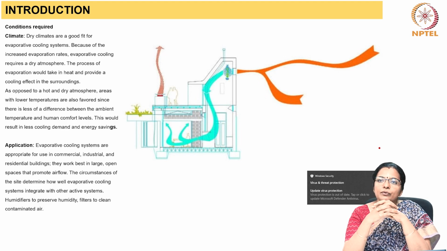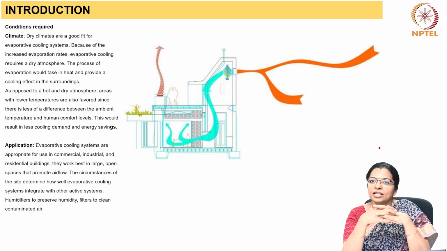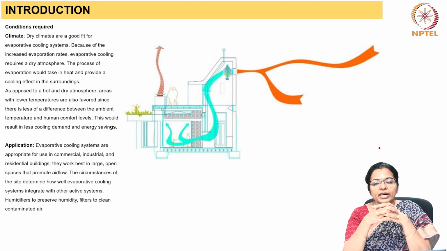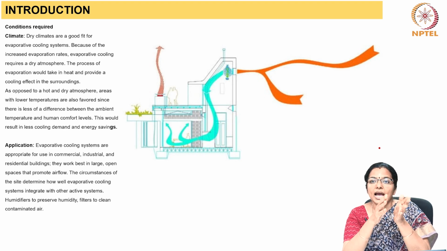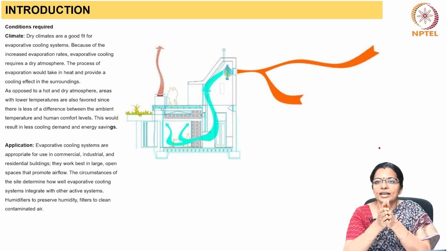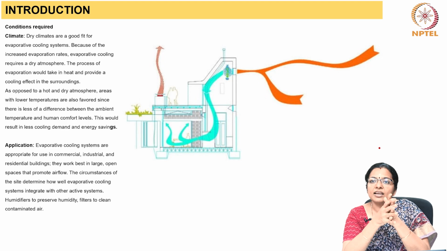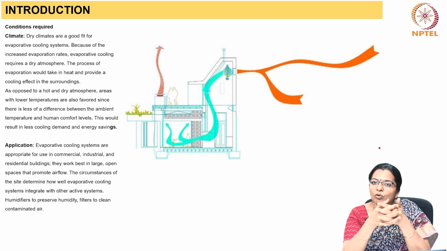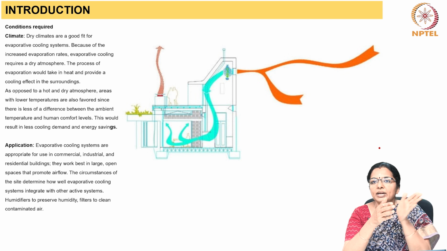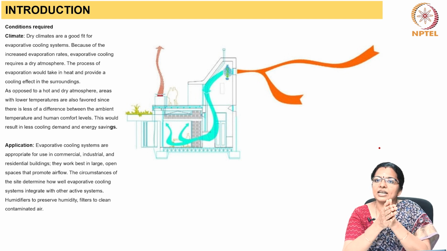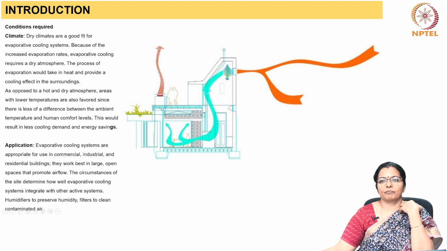The process of evaporation takes in heat and provides a cooling effect in the surroundings. As opposed to the hot and dry atmosphere, areas with low temperatures are also favored since there is less of a difference between the ambient temperature and human comfort levels. This would result in less cooling demand and energy savings.